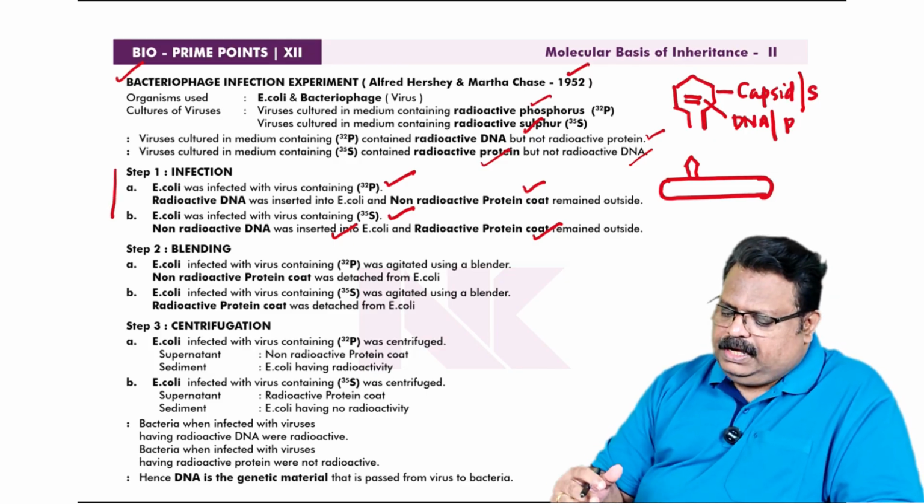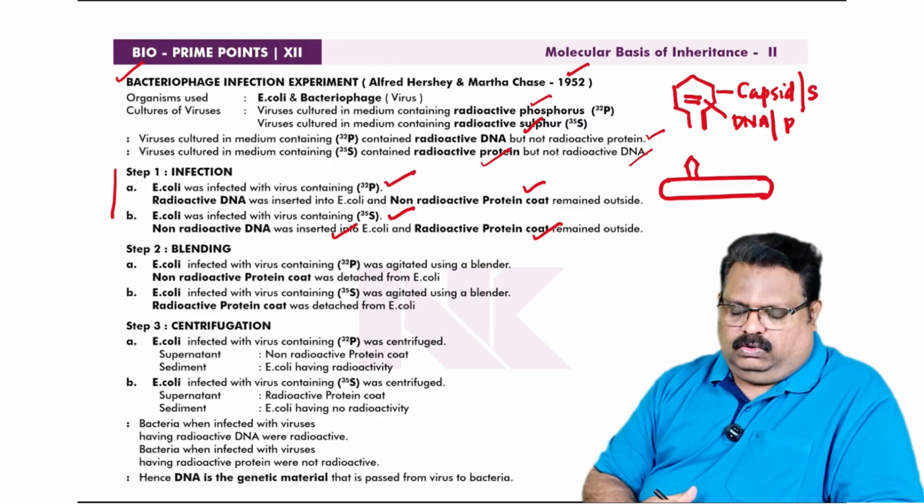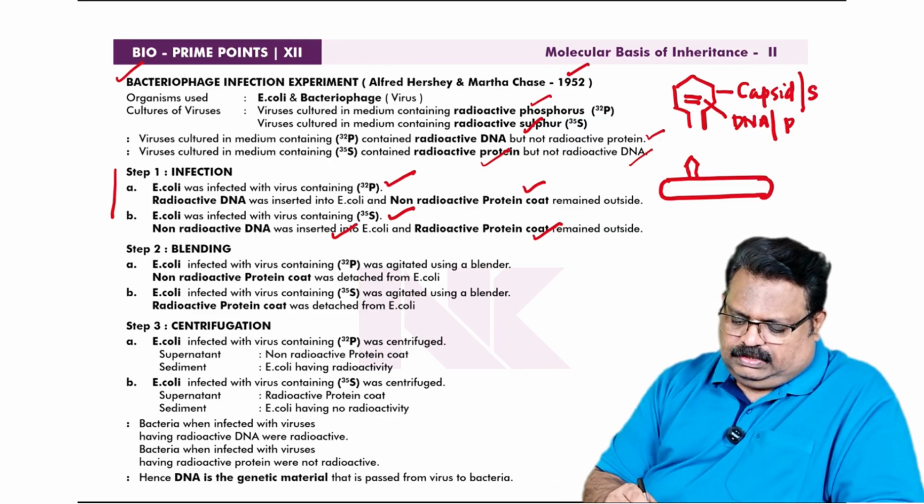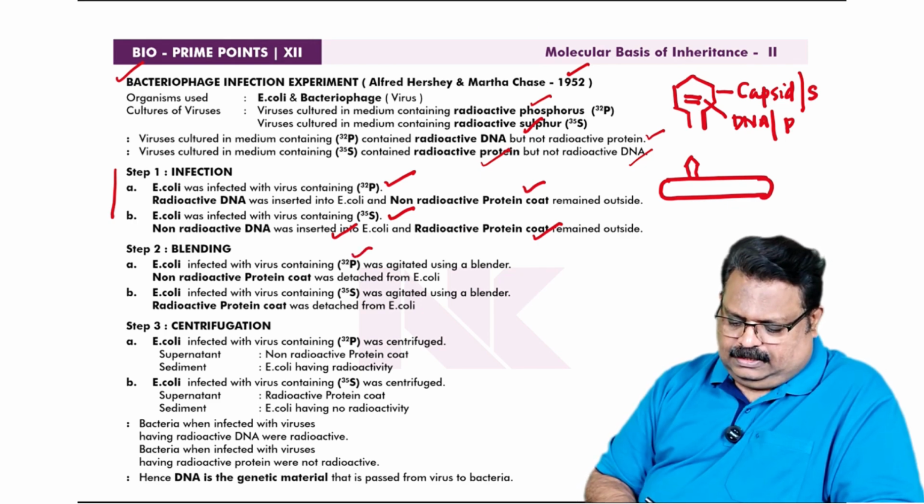Then we separate the E. coli and protein coat by a process called blending. The E. coli infected with the virus containing radioactive phosphorus was agitated using a blender, and the non-radioactive protein coat is detached.